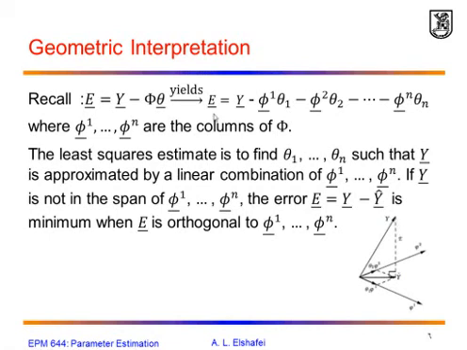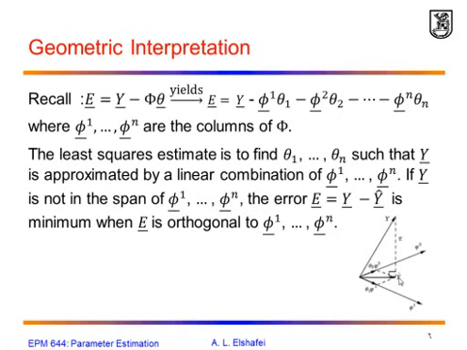Now E is equal to y minus phi 1 theta 1 minus phi 2 theta 2, so that means I have here y, I have minus that vector which is y hat, so the difference will give us the vector E, which is over here. Now the least square requires that I choose the value of theta 1 and theta 2 so that this difference is minimum.